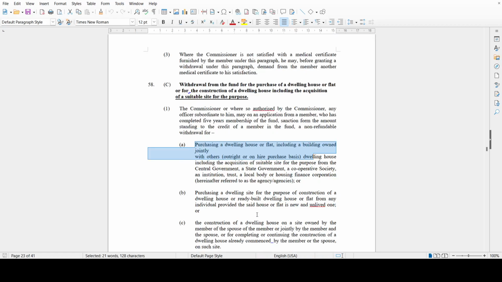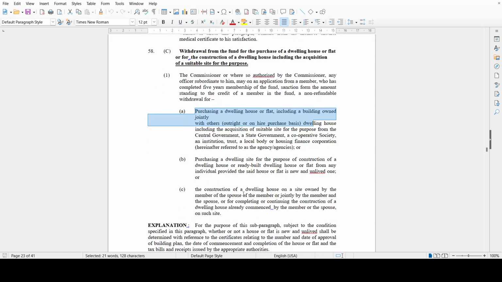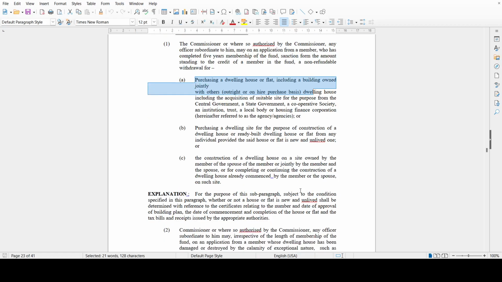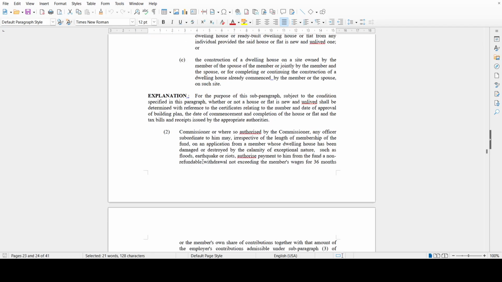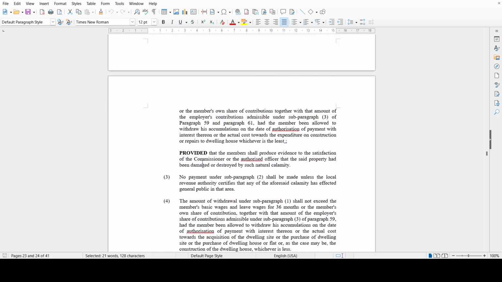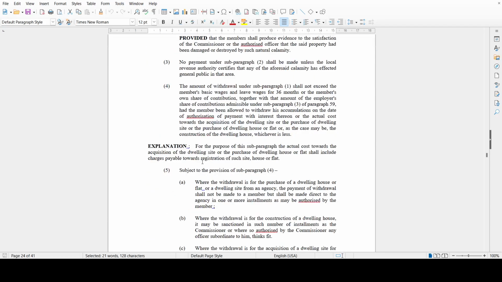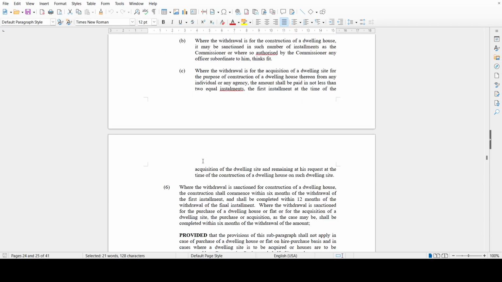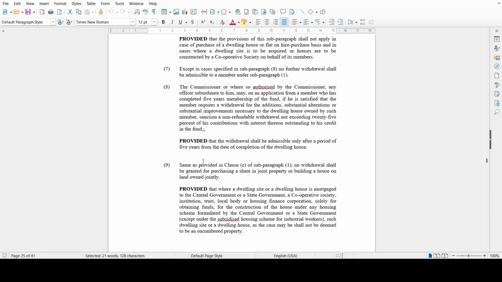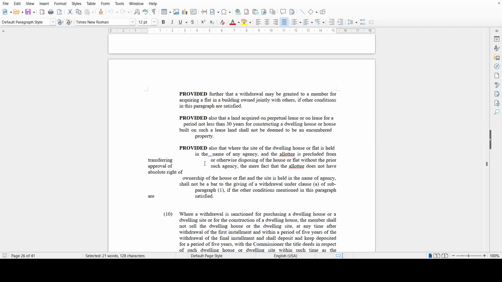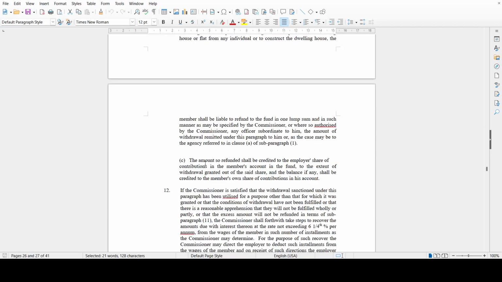That means you have to show the land papers. For construction of a dwelling house, again you have to show the papers. So these are the conditions under which you can apply for withdrawal. And the next condition is in case of marriage, which I'm going to explain. Let me come to that.